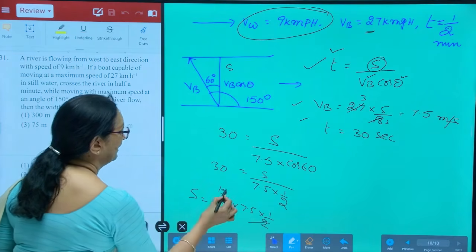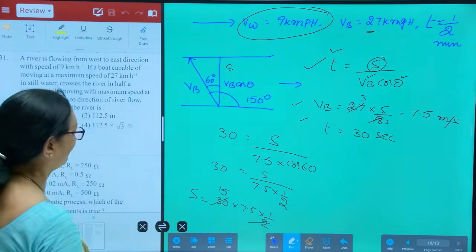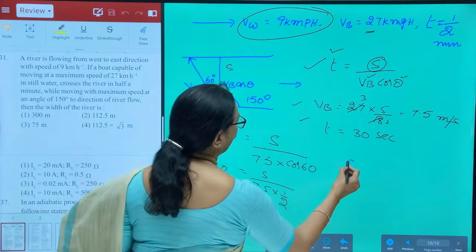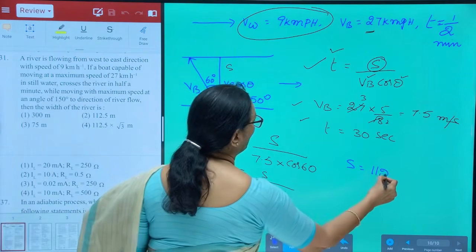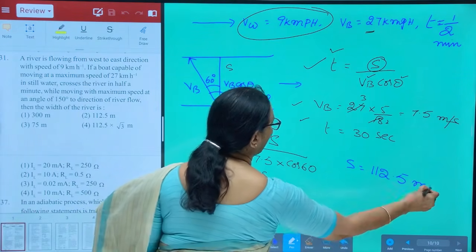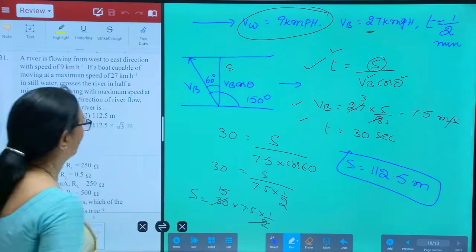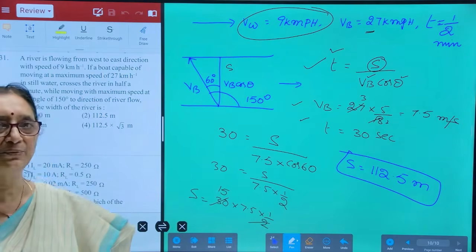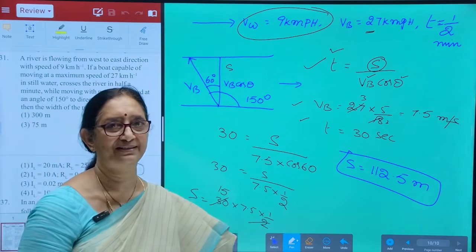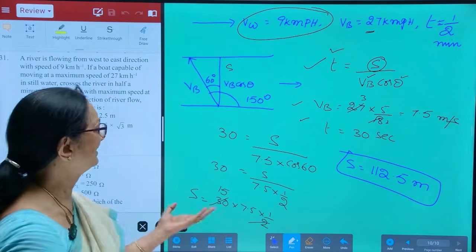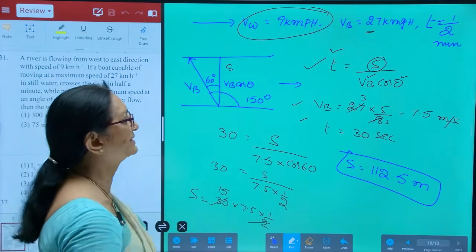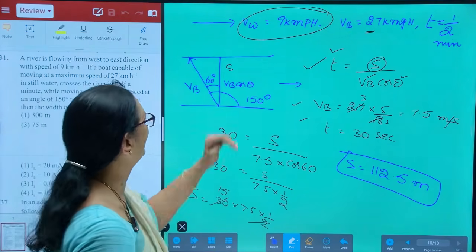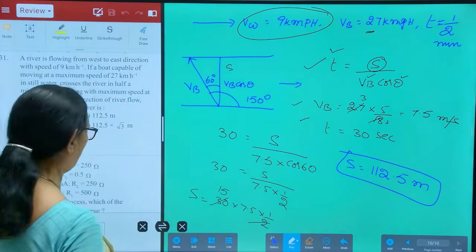So, it is 15 into 7.5, which is 112.5 meters. So, the width of the river given here is 112.5 meters. Okay? So, it is a straight question. T is equal to S by VB cos theta from that diagram.